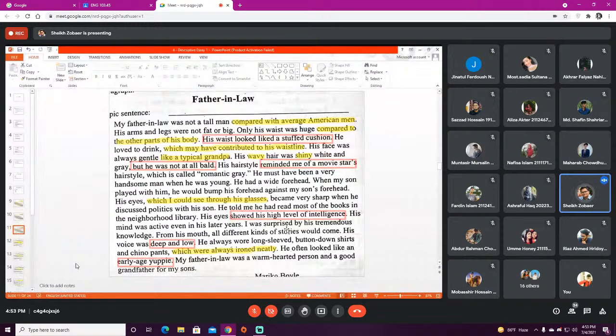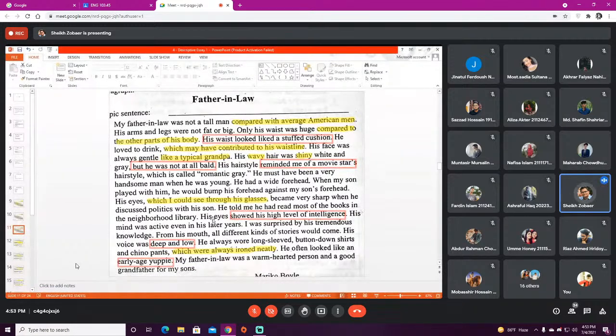Let's do this one. His eyes showed his high level of intelligence. So what she means is basically her father-in-law was an intelligent person. If you read the sentence before, it says, he told me that he had read most of the books in his neighborhood library. Therefore, he was an extremely intelligent person.